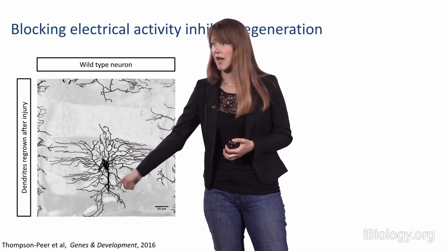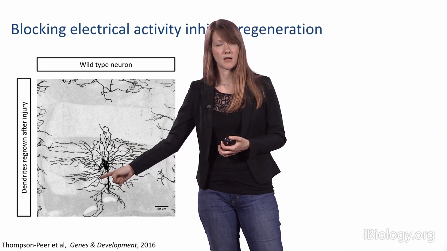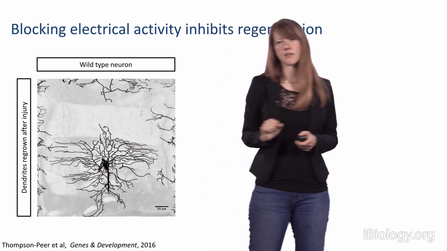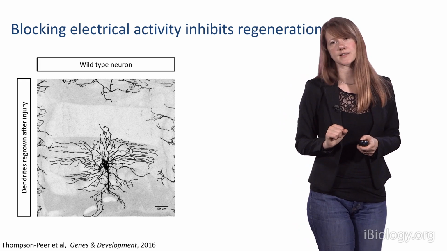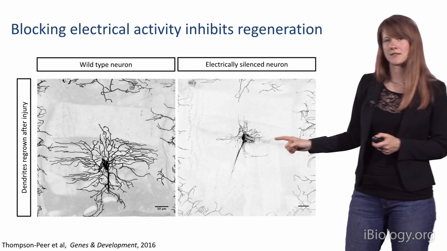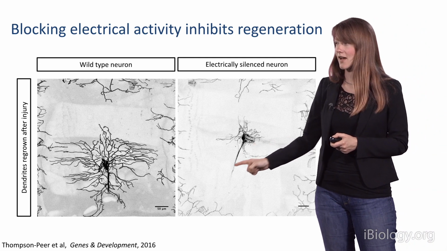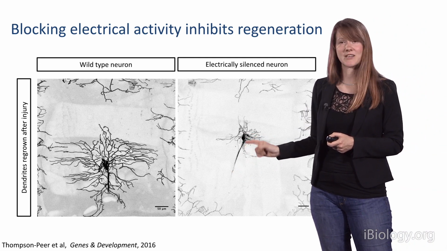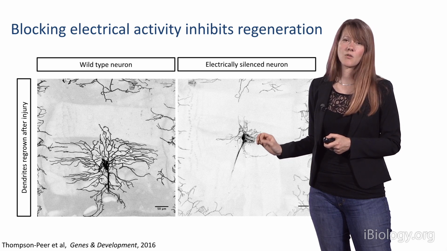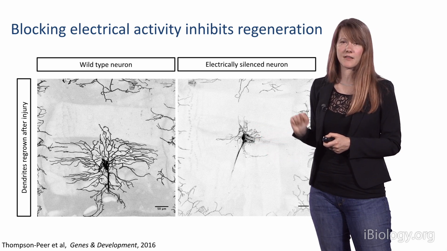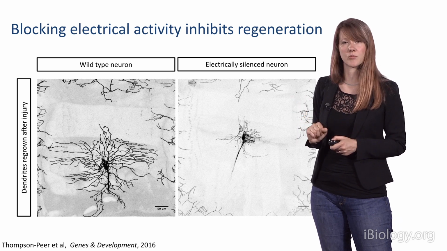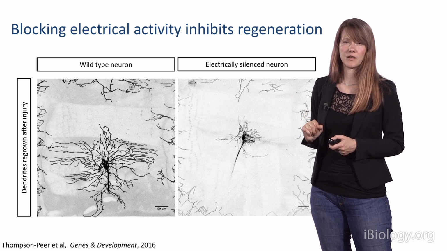There's the cell body, axon going down, dendrites all around, robust regrowth after injury. What about our neuron that's expressing a transgene that's electrically silent? Not so hot. There's the cell body, axon going down, some dendrite regrowth, but not much. So by inhibiting the electrical activity of these neurons, we've significantly blocked their ability to regrow after injury.